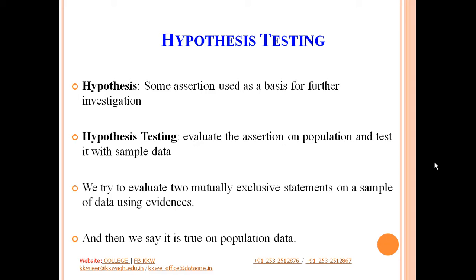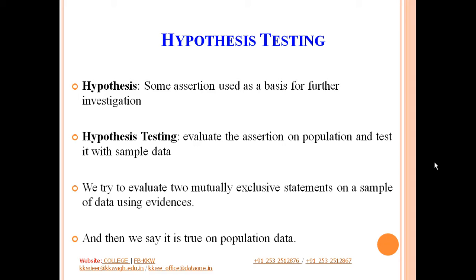In this case the population is all the people that reside in the Vidarbha region. Testing it with sample data means we cannot go and personally check every human being who resides in the Vidarbha area. Testing like this on the entire population is difficult.